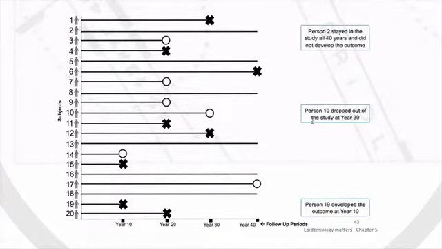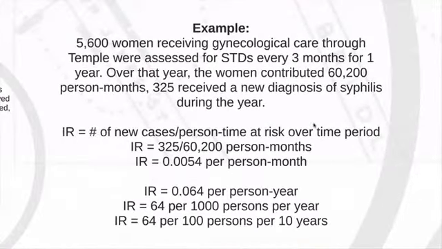Okay, now that we've handled person time, let's move over to our example, and hopefully this will become crystal clear. Here we're returning to our group of 5,600 women receiving gynecological care through Temple. Here we're going to do the study slightly differently.